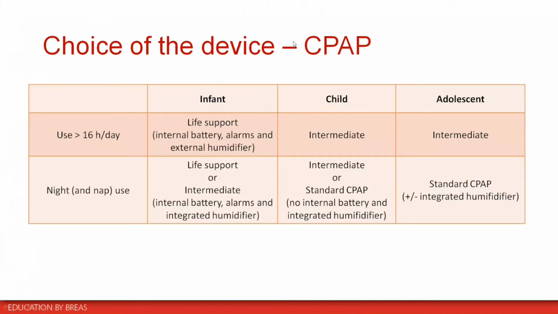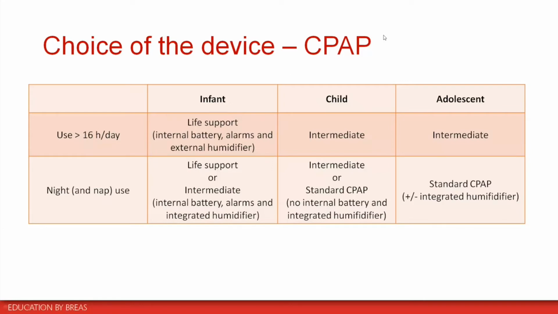So this slide will give you some tips about what we are using. Obviously, you have to do as you want, depending on your experience, depending on how you feel comfortable, but I will share with you what we usually try to adapt depending on the infants and the number of hours of use of ventilation.